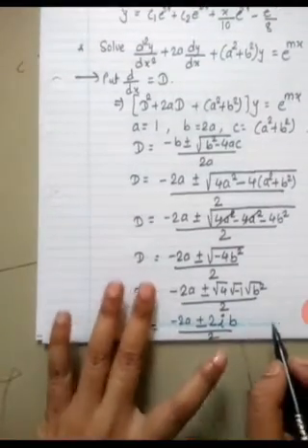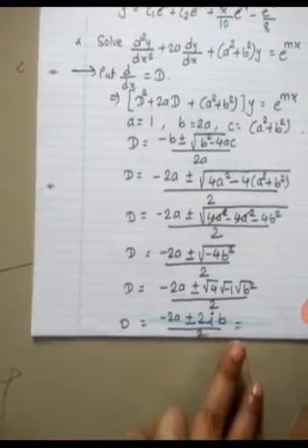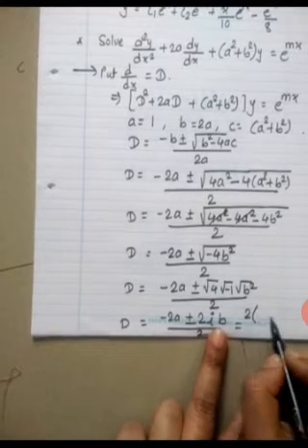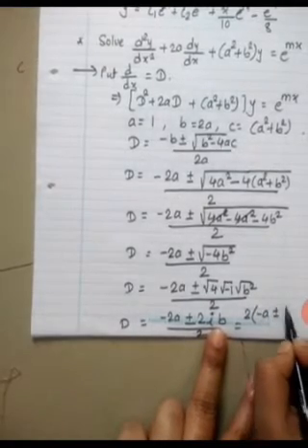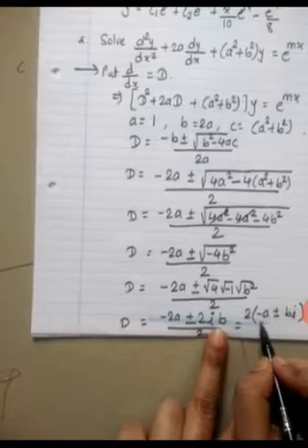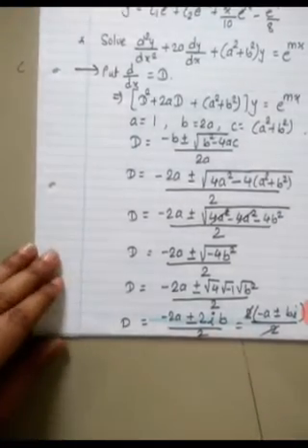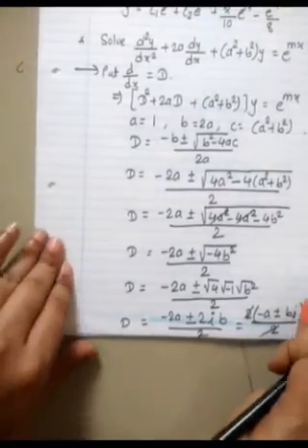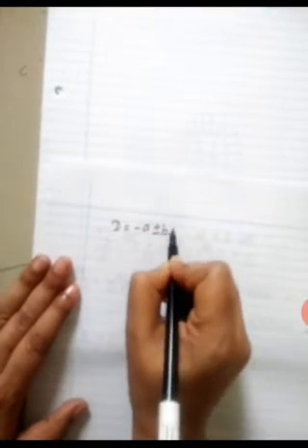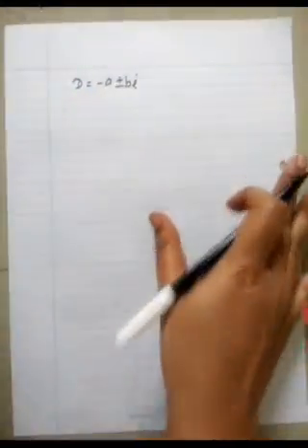So here 2 we can take common from numerator, so we get minus A plus minus Bi, 2 is out upon 2, 2 gets cancelled. So what we get here, D is minus A plus minus Bi, is the root of the given equation.